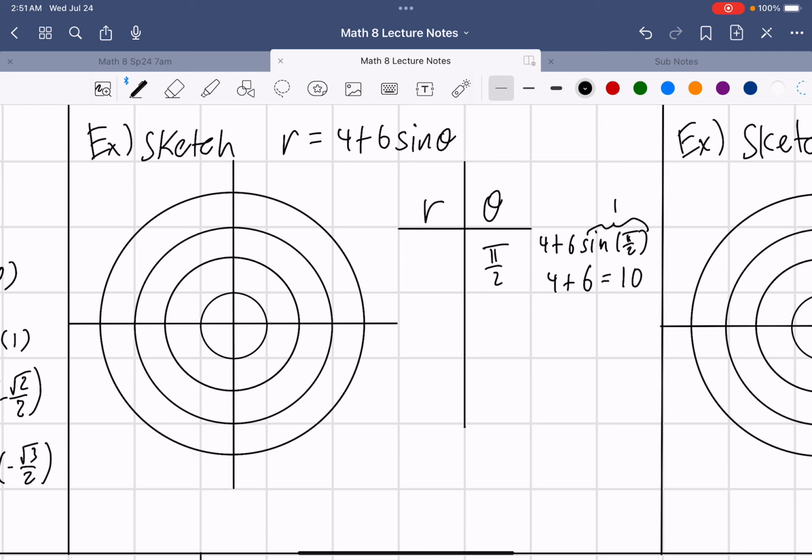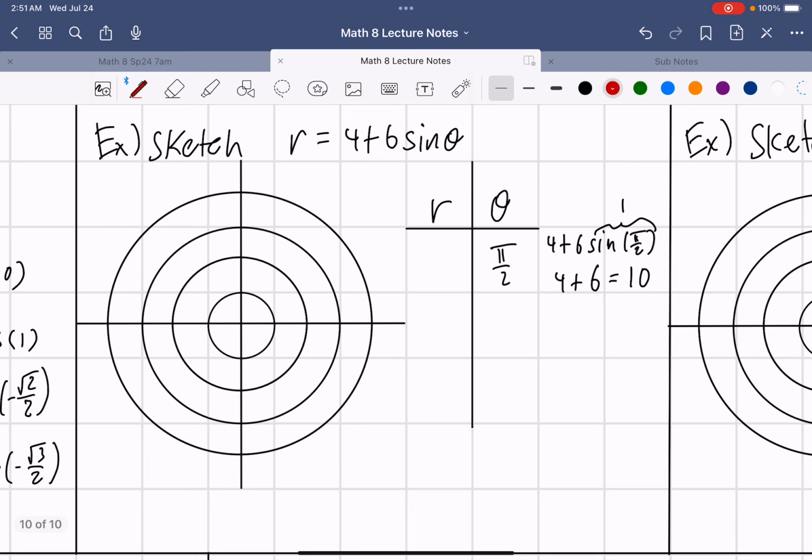So, for the sake of this example, we're going to say this is 2, 4, 6, 8, and then 10 up here. So I know I have a point at this very tip. Now, it's either going to be a dimple or a loop. Now, that's going to happen based off of, now I'm going to look in this direction.